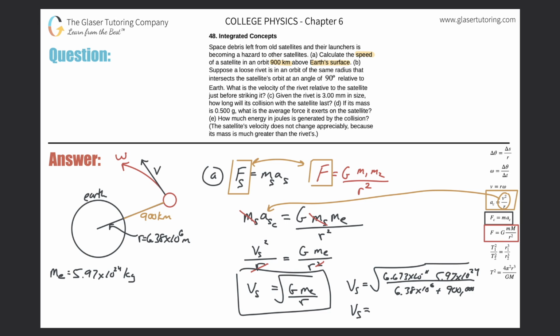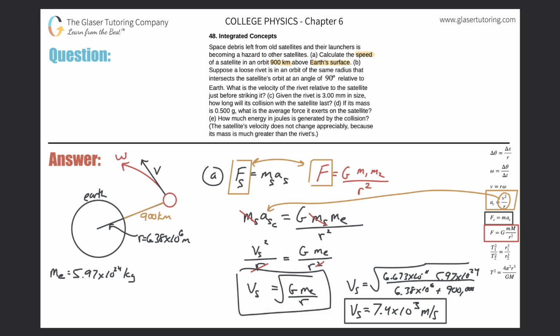So divided by 6.38 times 10 to the 6th plus 900,000, close parentheses, and we get a value of about 7.4 times 10 to the third, and that is in meters per second. All right, so this is the velocity of the satellite, okay?